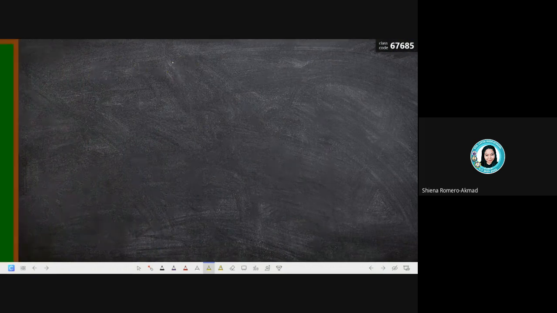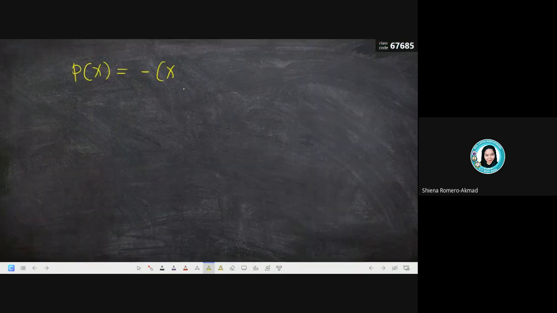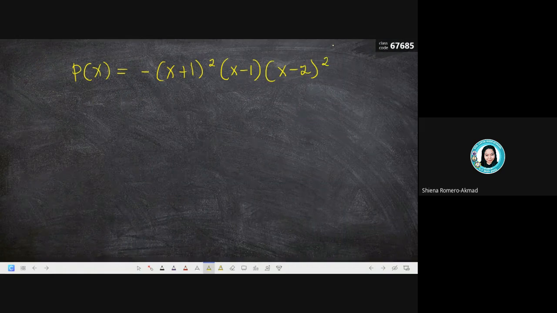that's P of X. Sulat natin. P of X equals negative X, X plus 1, X plus 1 squared, X minus 1, X minus 2 squared. Check ko lang kung tama.